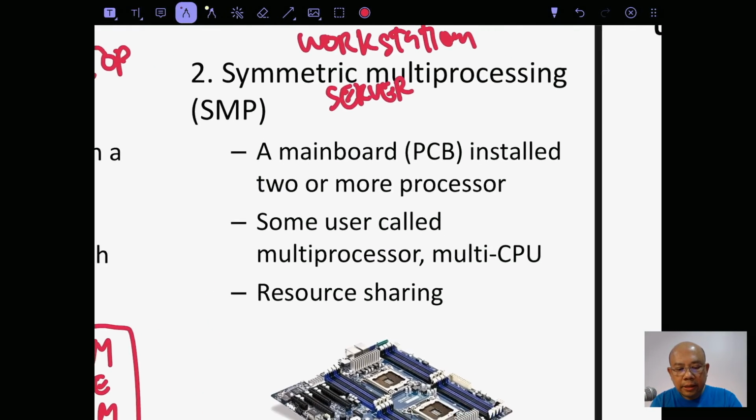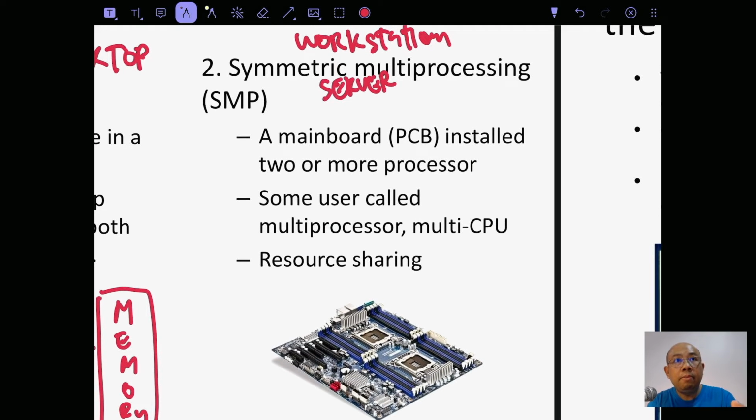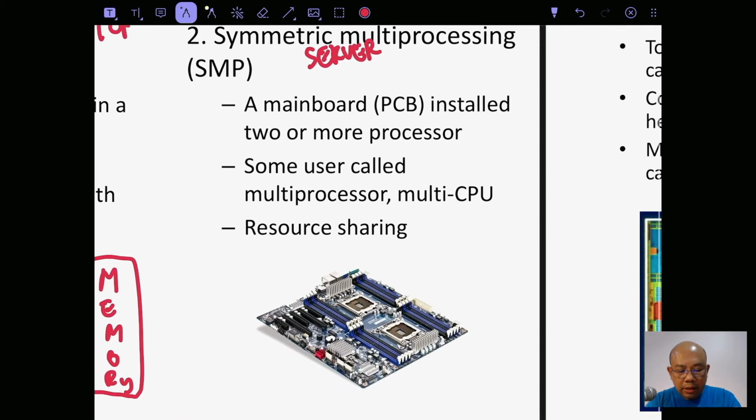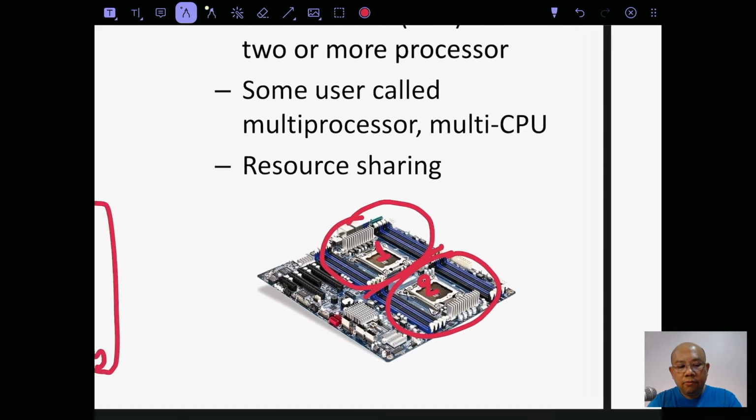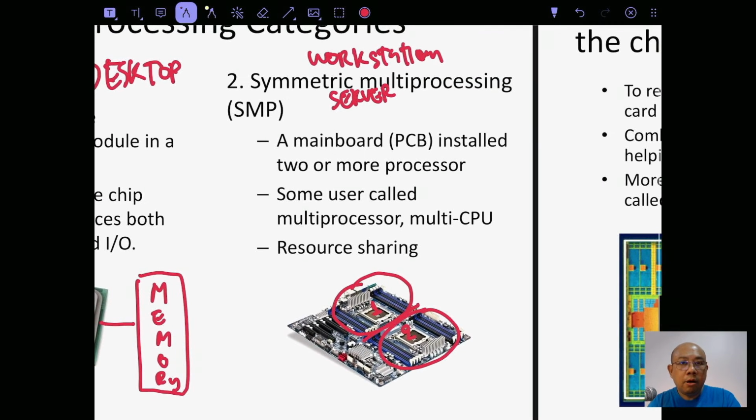In workstations and some servers, the motherboard is designed so the user can install more than one processor. Here the user can install 2 processors, CPU 1 and CPU 2, and each has its own memory. This is a memory for this part, and this is a memory for this part. This system in computing we call SMP, symmetric multiprocessing.